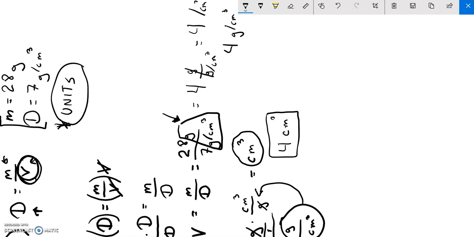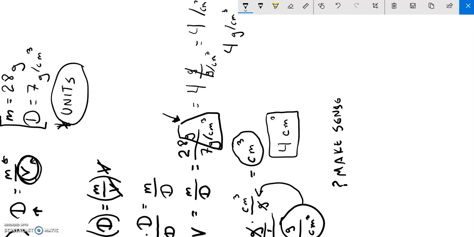Great. Now, we're going to go over this in a lot more detail later on in our measurements unit. But I just have a couple of tips that I want to give you right now, because units are a huge part of chemistry and of this class, and just to give you a little bit of a jump start on it. First of all, always think about whether your units make sense, because they should.